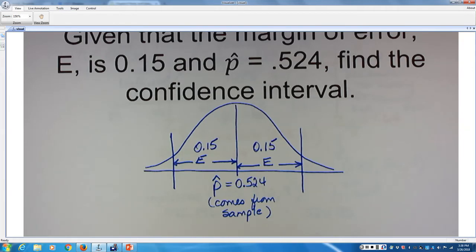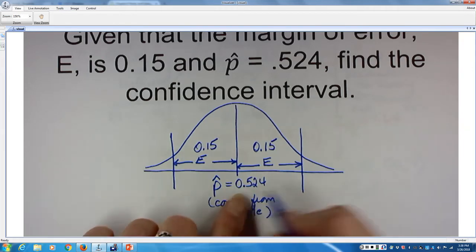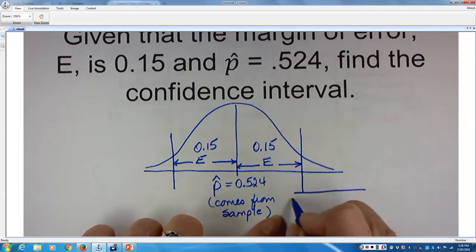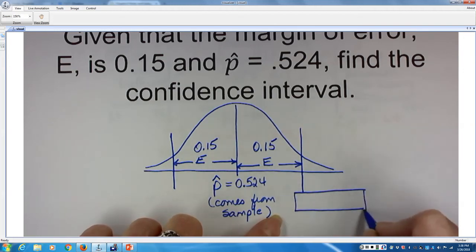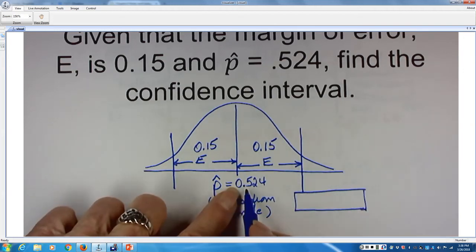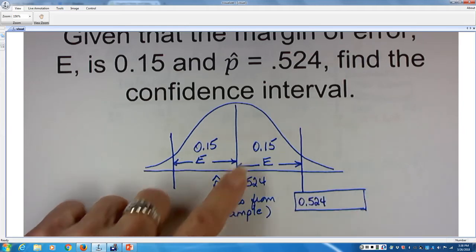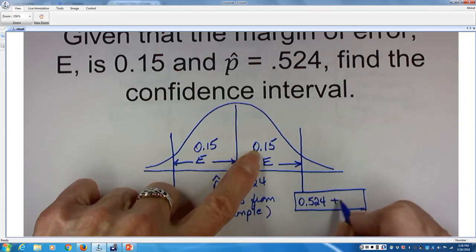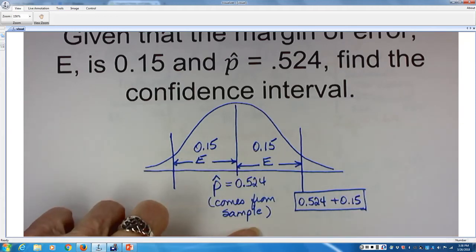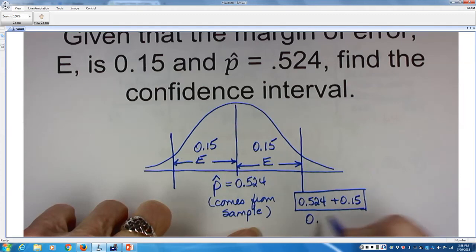So what this is saying basically is, in order to figure out what this value is, we need to take the center, 0.524, and add to it 0.15. And that's going to give us 0.674.